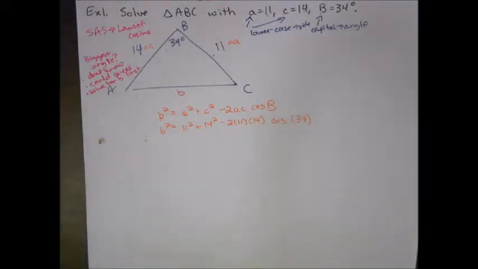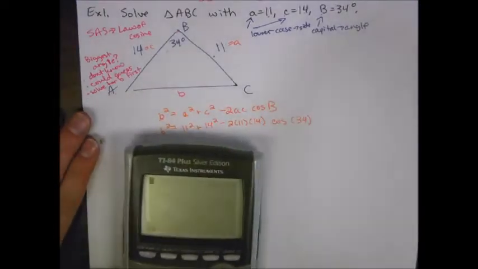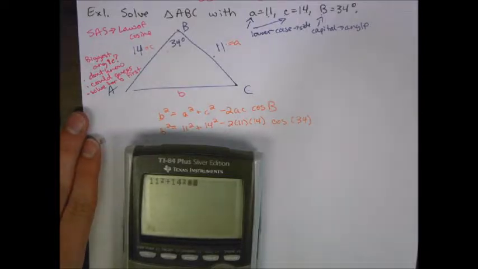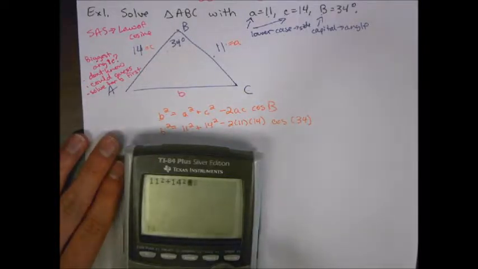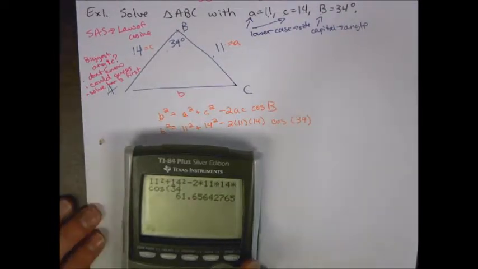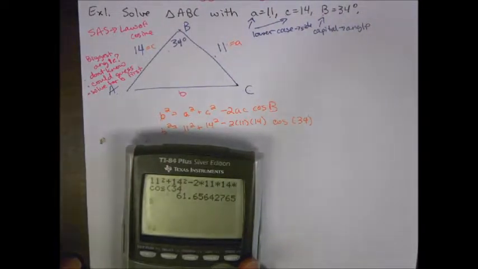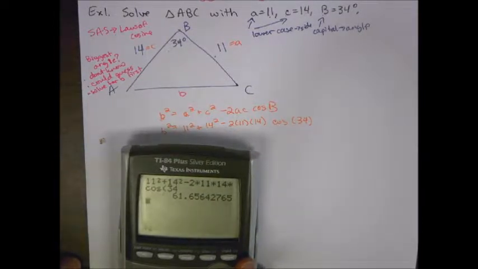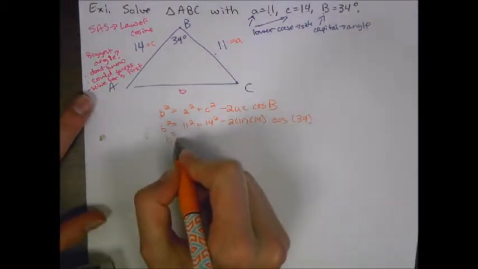Type that into your calculators. I just typed it straight into mine: 11 squared plus 14 squared minus 2 times 11 times 14 times cosine 34. And I got 61.6. So b squared equals 61.6.